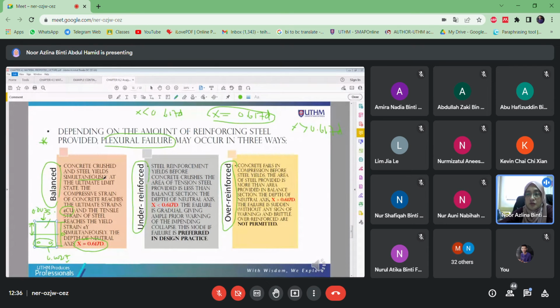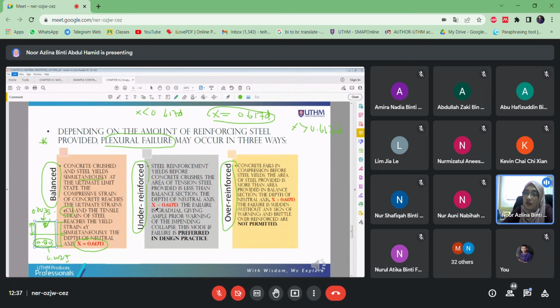At the top the concrete is crushing, and at the bottom the steel achieves its yield limit. That is a balanced design. How many reinforcements you provide determines whether that beam section is categorized as a balanced design. That means at failure, it will fail at the same time, reaching the ultimate state at the same time for both concrete and steel.